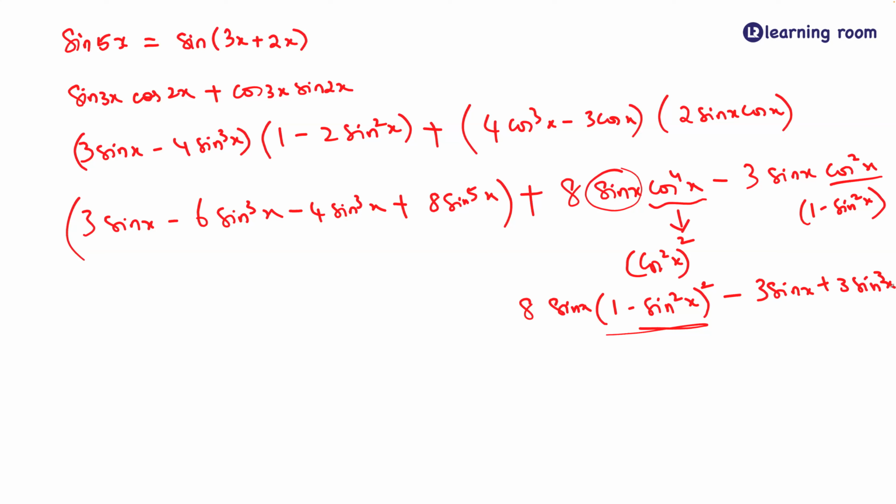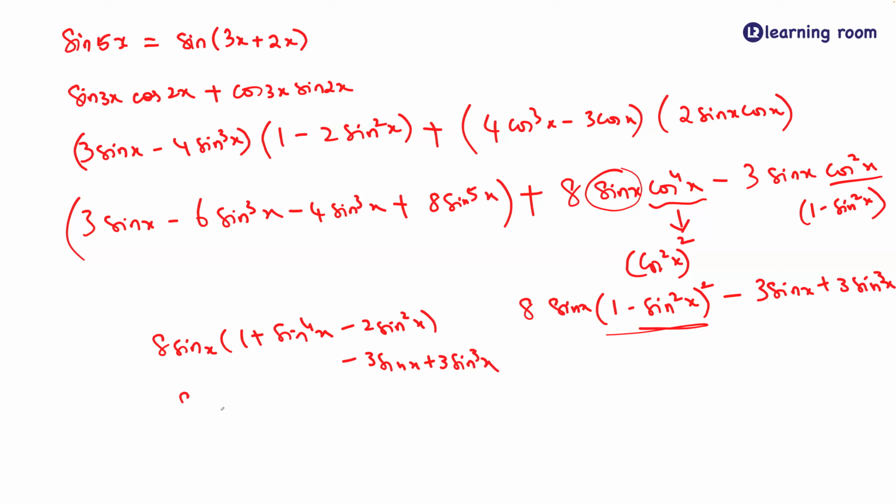So what are you going to get? You will get 8 sin x into 1 plus sin power 4x minus 2 sin square x, minus 3 sin x plus 3 sin cube x. So what are you going to get from here?